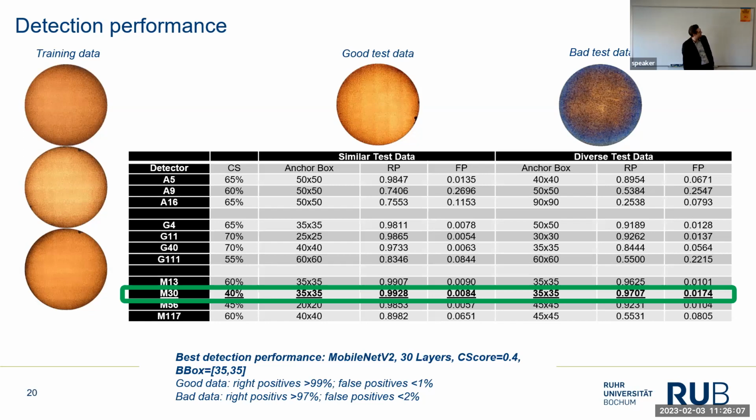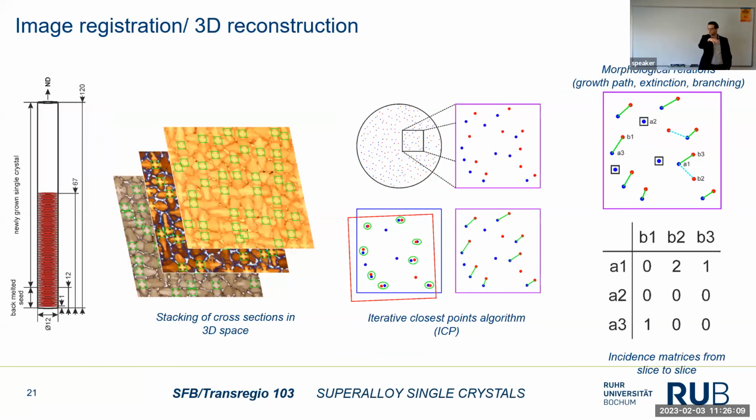So now we are able to detect the locations of the dendrite cores on each individual slice, but we wanted to do this three-dimensional. So we had to stack up these images again and trace the growth path of each individual dendrite. We used an iterative closest points algorithm for this. And we had to consider that there are certain morphological relations, things like extinctions and branchings.